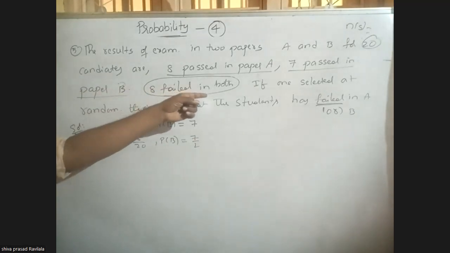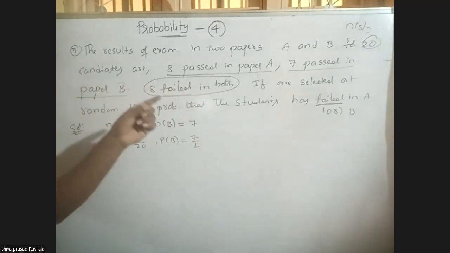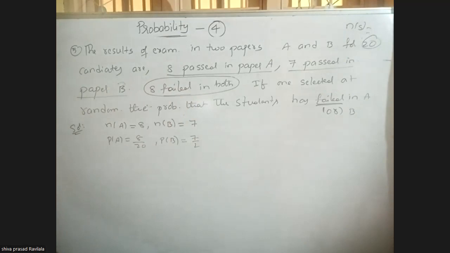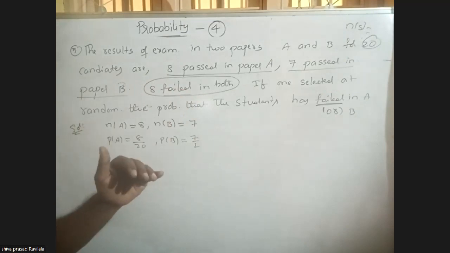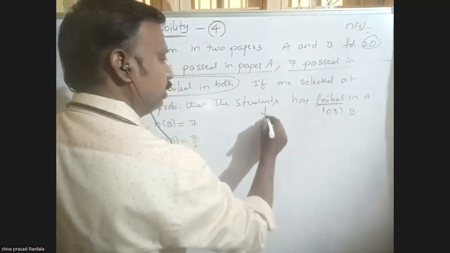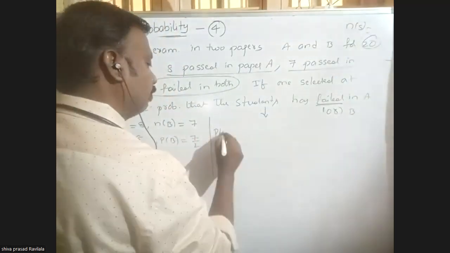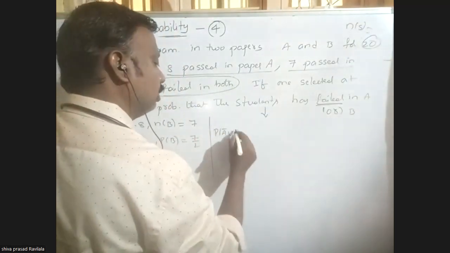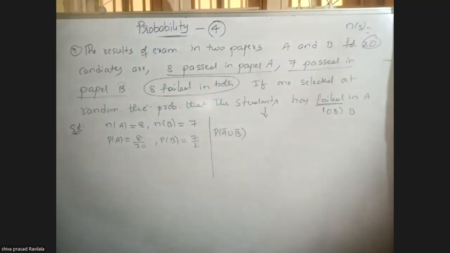Both failed means probability of A complement intersection B complement. We have to find probability of A complement union B complement. Not passed, failed.